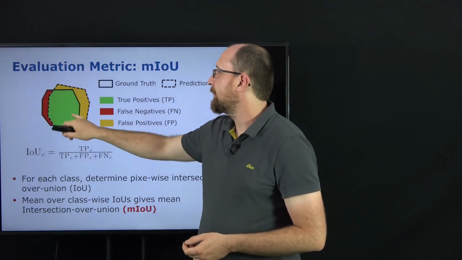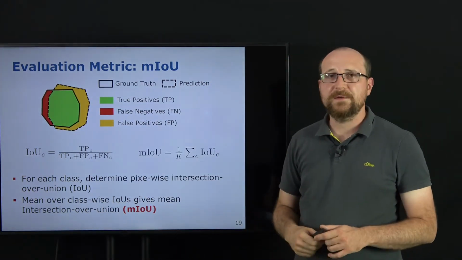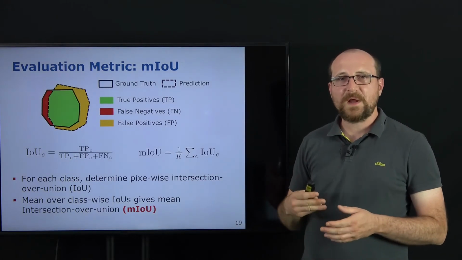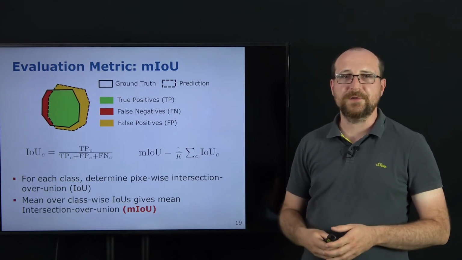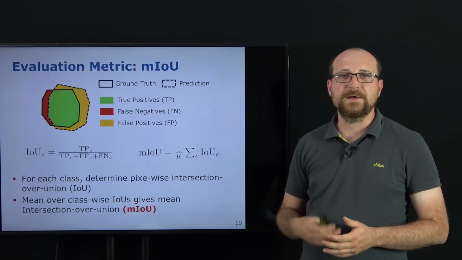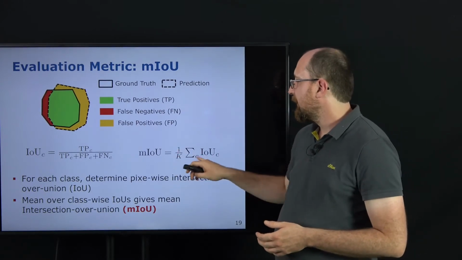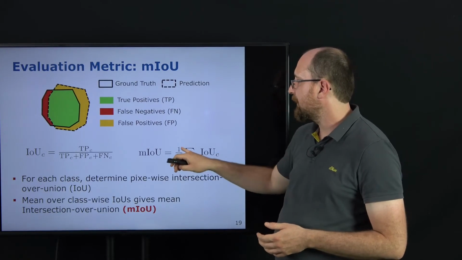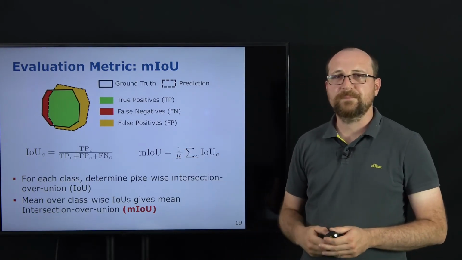So this part in between, and then the other parts plus this. And now we have defined this basically for a single class. And for the whole image, for different classes, we are then taking just the mean of the class-wise intersection over union. So that means here we are dividing the sum over the class-wise intersection over unions by the number of classes. And this is then the metric that we are interested in.